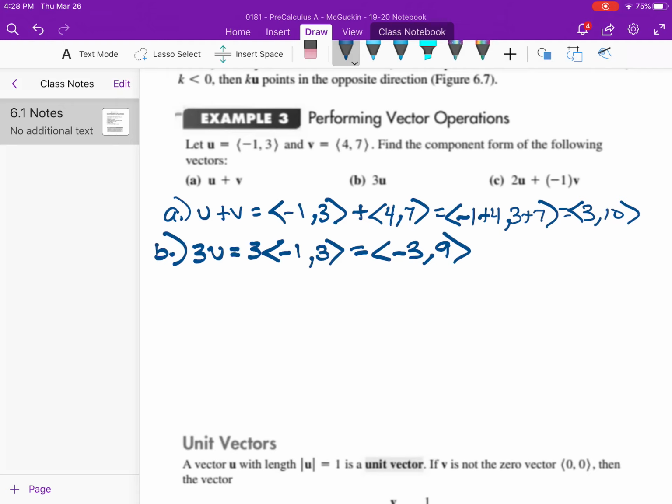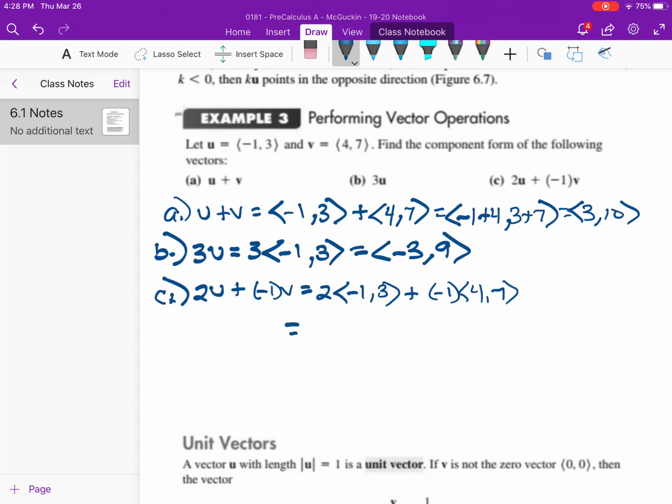Now, what if we combine some operations, as we see here, in 2u plus -1v? Well, it's the same order of operations as we would use in PEMDAS. We would say 2 times -1, 3 plus -1 times 4, 7.